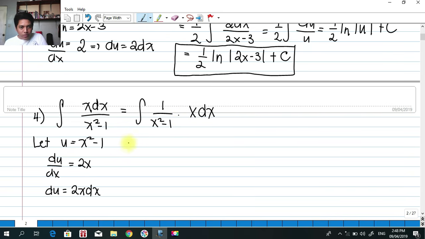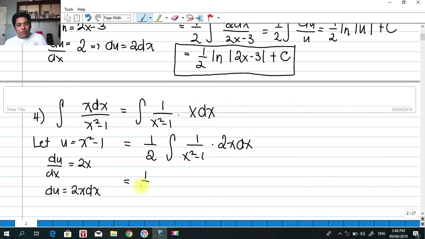Since our du is 2x dx, we have to add 2 here. So that should become 1 over x squared minus 1 times 2x dx. The 2 is added here because our du is 2x dx. So we have to offset that by adding 1/2 outside of the integral.